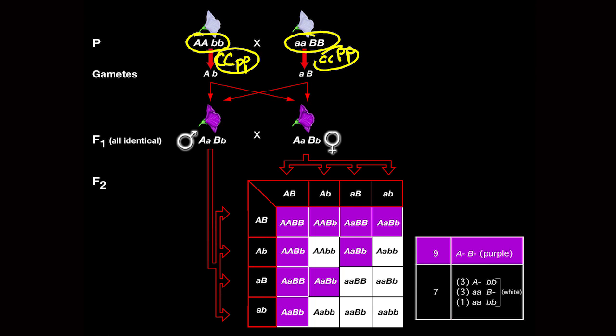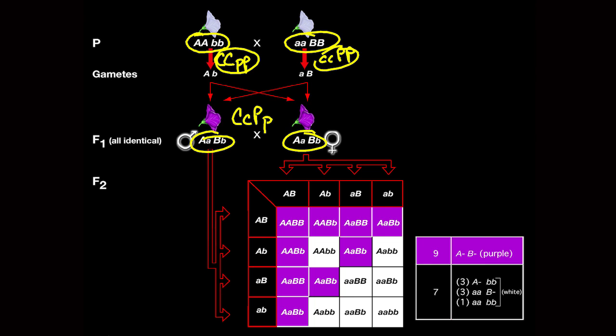Because the genetics is the same. And this is the evidence that Mendel was right. So all of the F1 in this type of a cross are going to be big C, big P, little p, or in a more general way, whatever letters you decide to use, big A, big B, little b. Now remember, to be purple under this model, all you need is one big C and one big P, and the F1 have that.